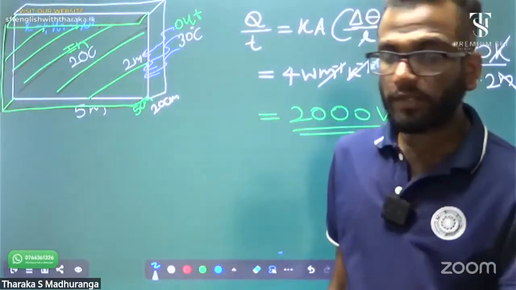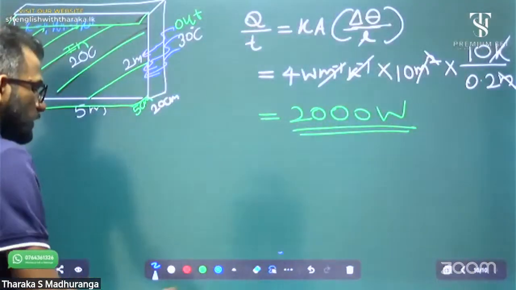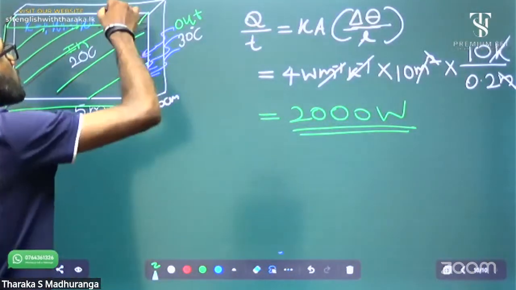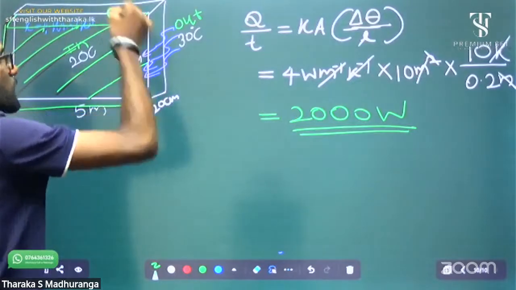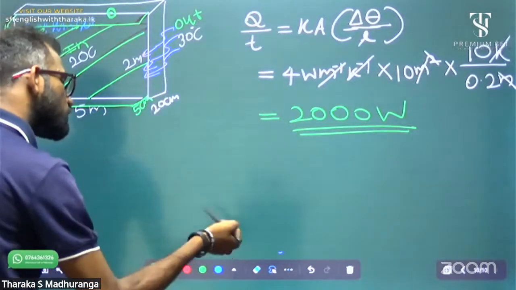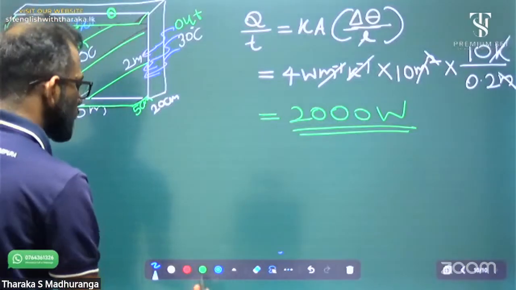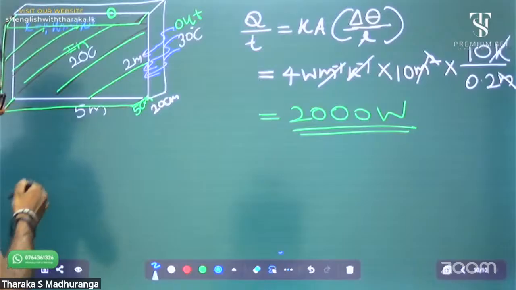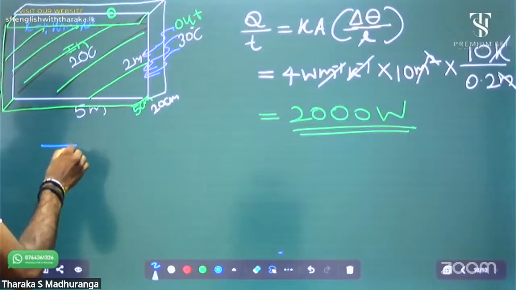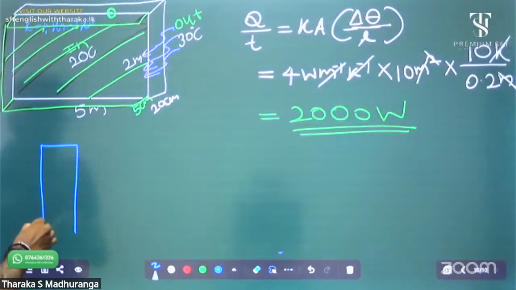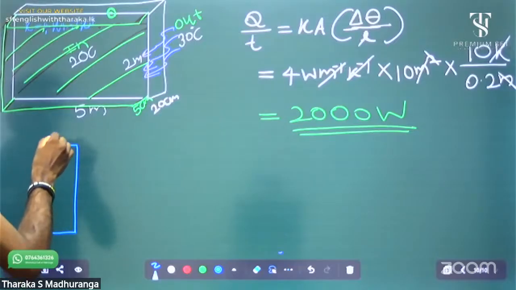Now, how to calculate the interface temperature? The theta is asked. Think this is the interface temperature. I will draw a clearer diagram. This is the wall, 20 centimeter thickness.